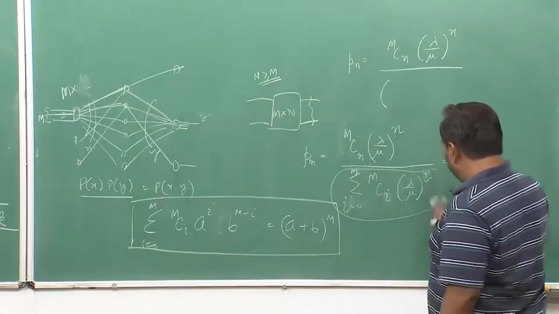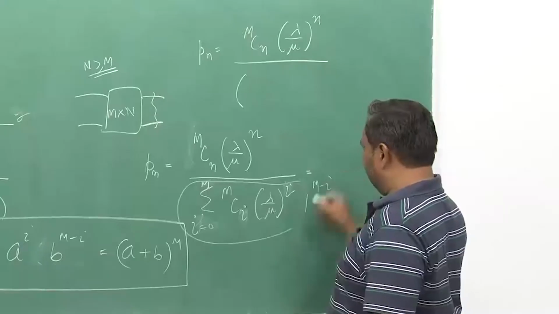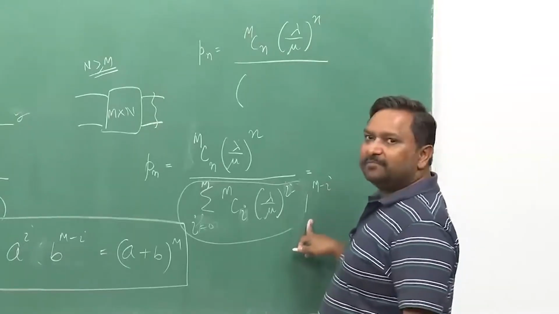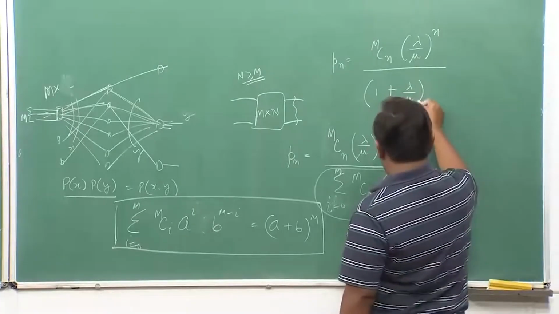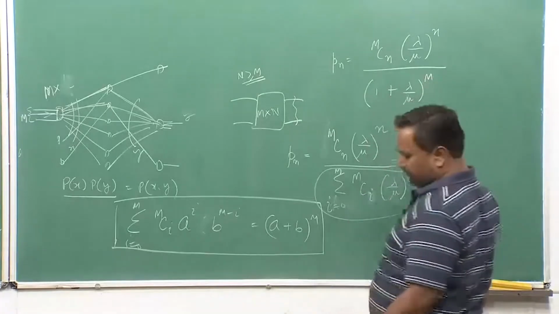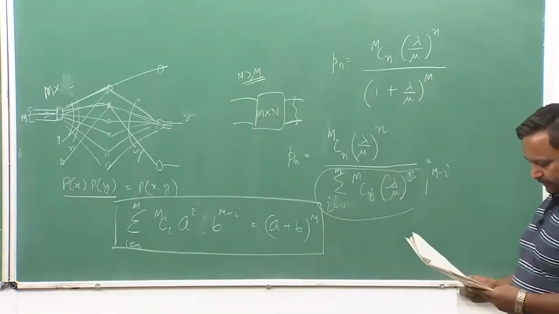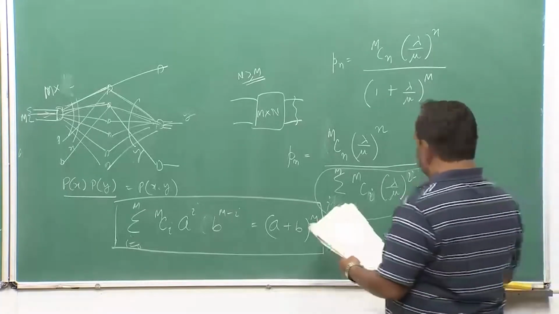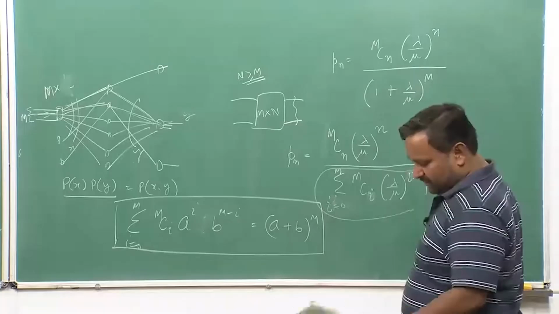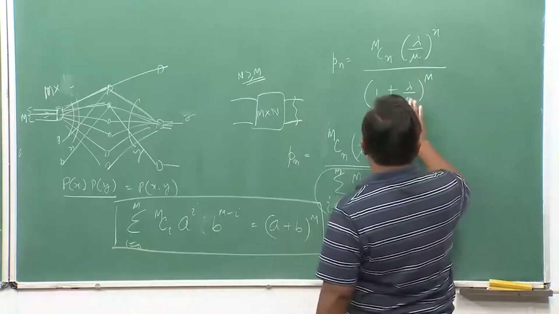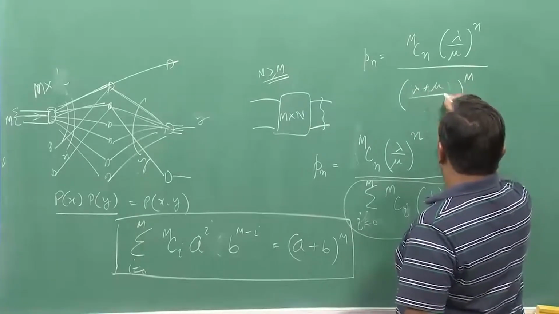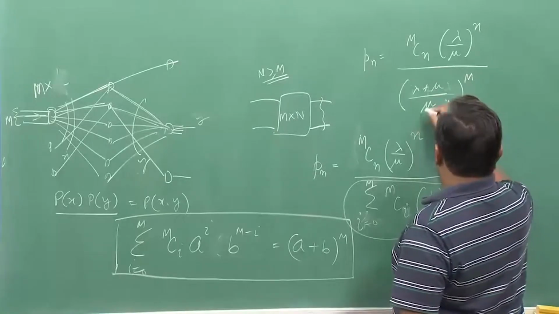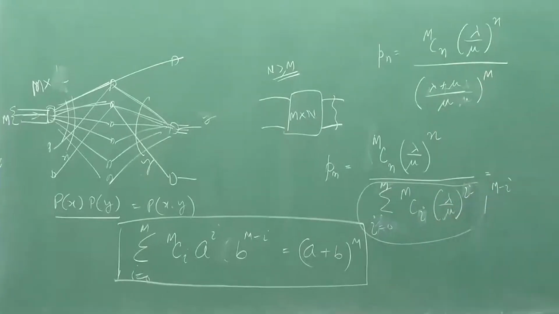So I can add here 1 raised to the power m minus i. So this becomes a and this becomes b, so a plus b. So 1 plus lambda by mu raised to the power m. I can further solve it. I can write this as lambda plus mu by mu raised to the power m, and I can take it up.